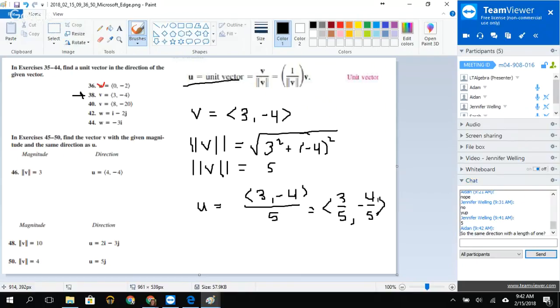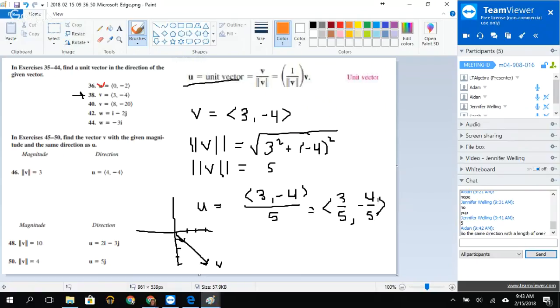So v is at 3, -4. This was our original vector v. And then our unit vector is at 3/5, -4/5.